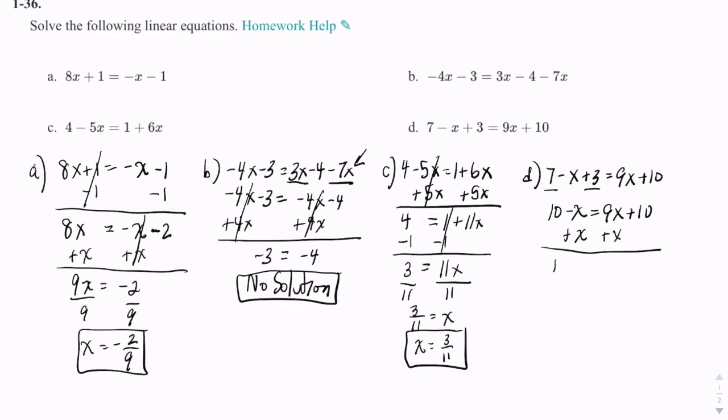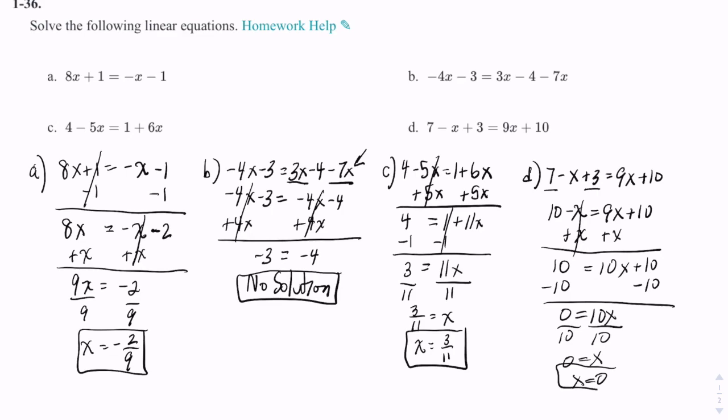And I'll get 10, this cancels, equals 9x and 1x is 10x plus 10. I'll subtract 10 from both sides, and I'll get 0 equals 10x, and I'll divide both sides by 10 and get 0 equals x, but of course we'll write it as x equals 0.